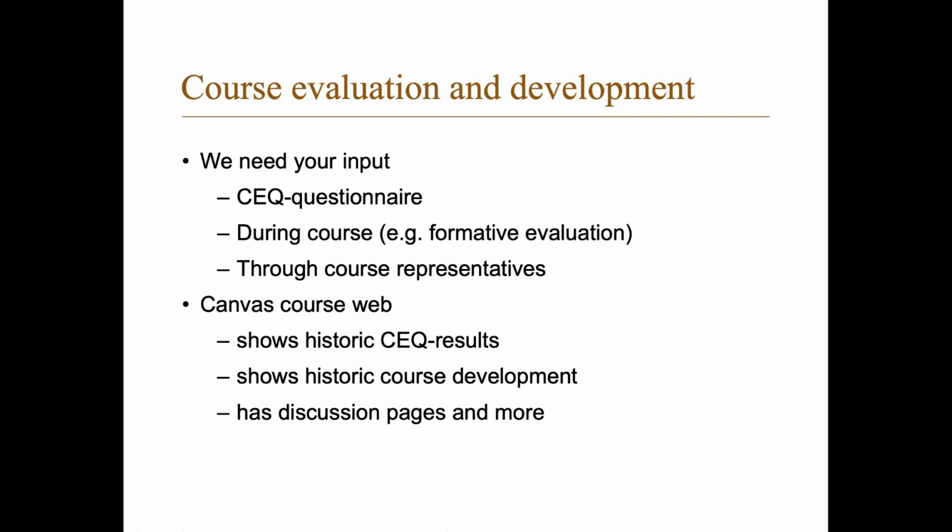We do need your input after the course in the CQ questionnaire, such that we can make improvements from year to year. But we also need your input during the course, for example, through formative evaluation or through your course representatives, such that we can make minor adaptations on the fly during the course.